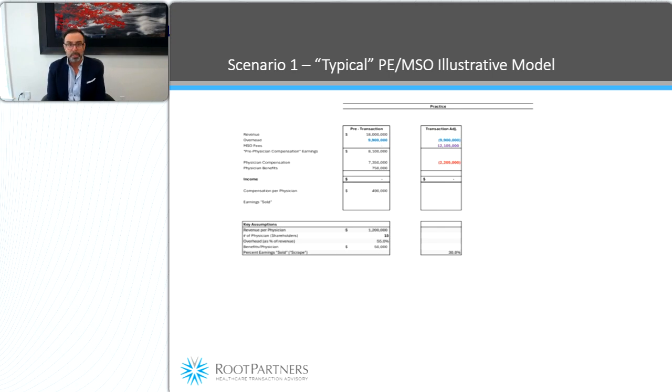And then there's a $2.2 million, if I can read this correctly, over $2 million reduction in physician compensation. You can see on the bottom of the second column here, this percent earnings sold, sometimes referred to as a scrape. I didn't make that up, of 30%.